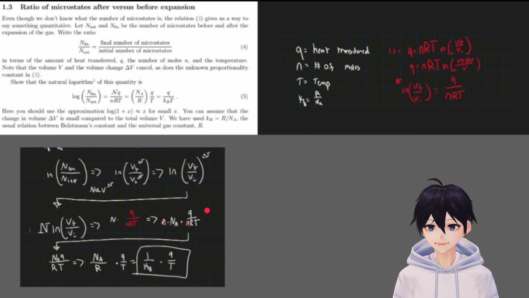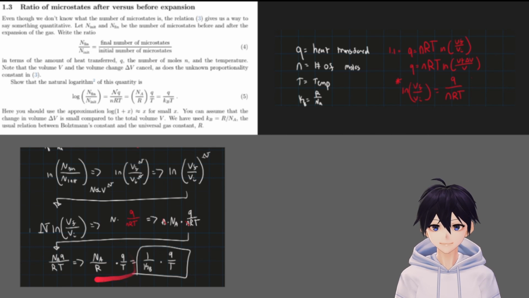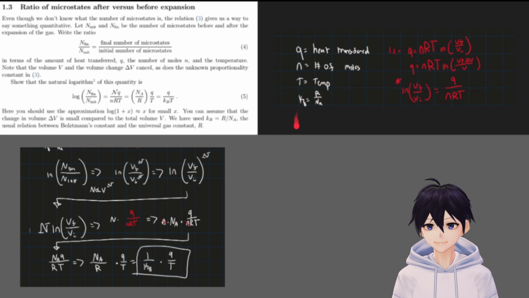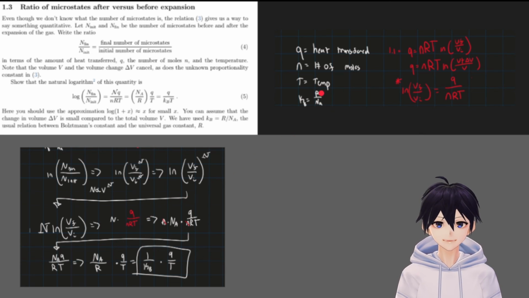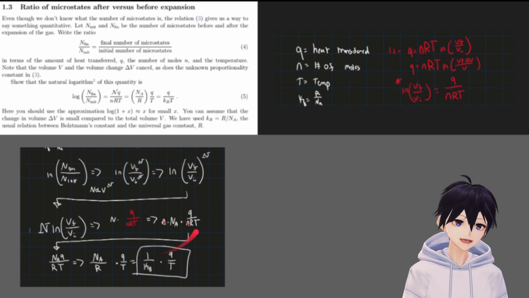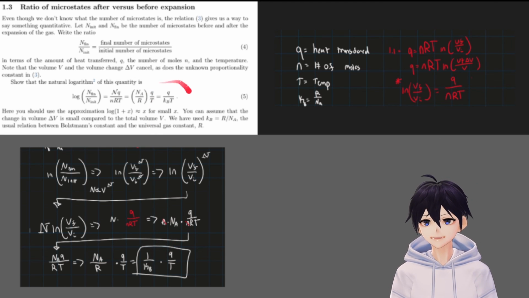That leaves us with N_A divided by R, multiplied by Q divided by T. We can separate those because we know that this is Mr. B's number, k_B, which is equal to the gas constant divided by Avogadro's number. It's 1 over k_B because this fraction is inverted: instead of gas constant divided by Avogadro, it's Avogadro's divided by gas constant. That gives us 1 over k_B multiplied by Q over T, and that's the same as this right here.